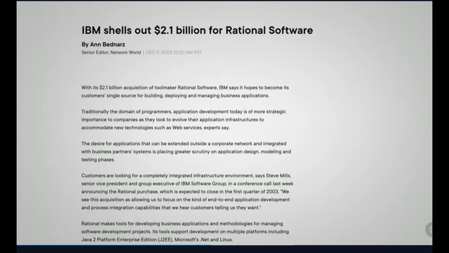They were what I would consider the 800-pound gorilla that we were fighting as smaller, lightweight, XP, feature-driven development, some of the other smaller methodologies that didn't have the marketing muscle. That's kind of what we were combating back in the late 90s.